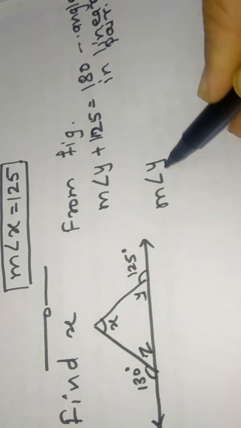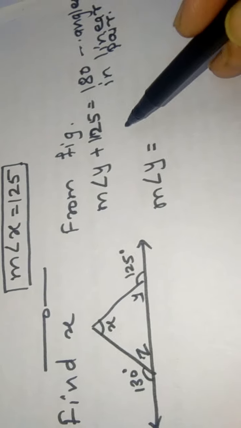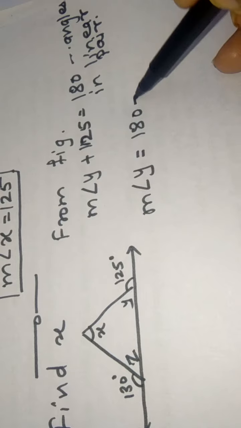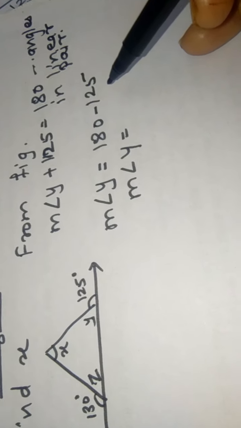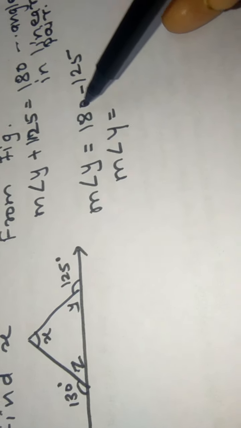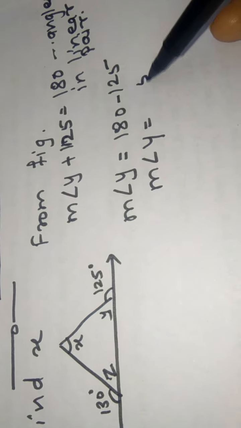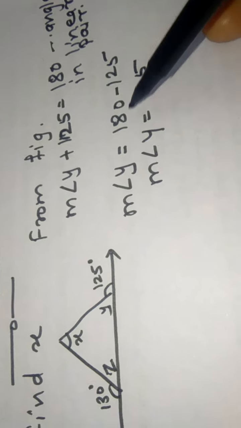Therefore, measure of angle y is equal to 180 minus 125. That means 10 minus 5 is 5, 7 minus 2 is 5, 1 minus 1 is 0. That is measure of angle y is equal to 55.